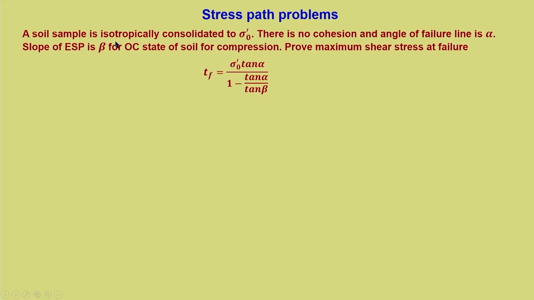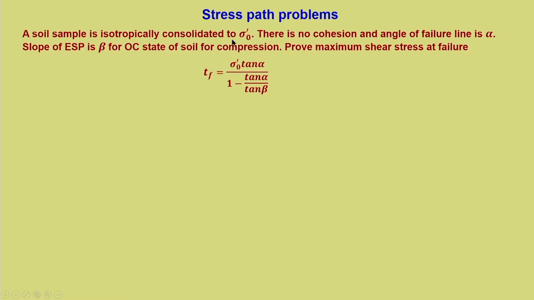There are a few conditions given, and most importantly, it is over consolidated. Alpha gives a clue that it should be in the t-s-dash plot. There is no cohesion, so a dash is not going to come into the picture.